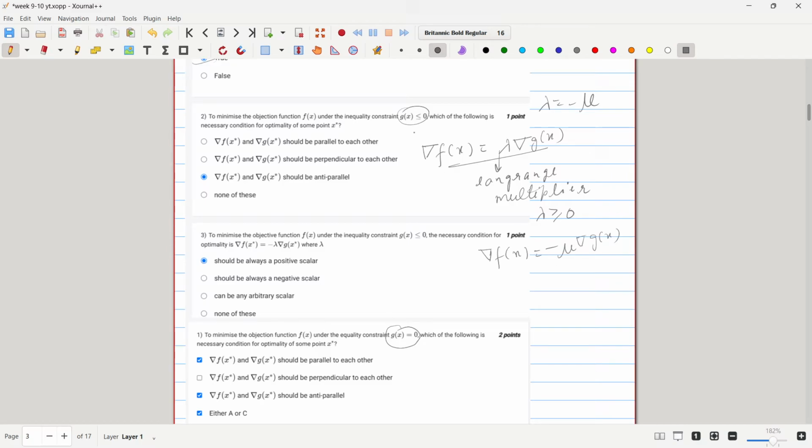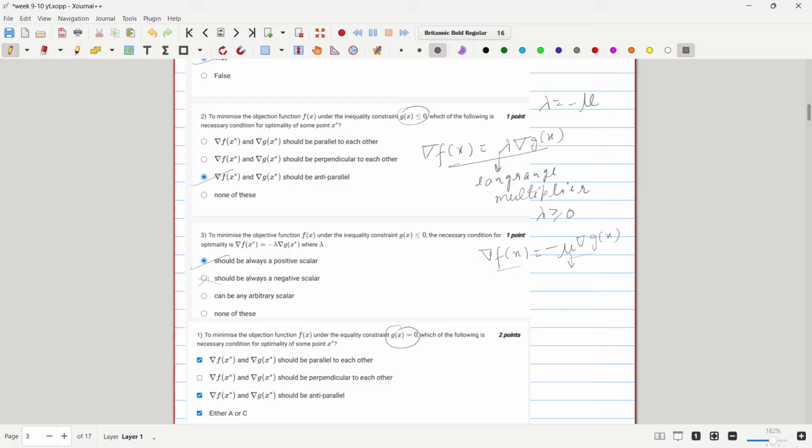Now if g(x) is less than or equal to 0, this mu cannot be a negative scalar, because if mu is a negative scalar, this whole right hand side will turn out to be positive. So as you can see, the left hand side is the negative of the right hand side. So gradient f(x) and gradient g(x) should be anti-parallel, and lambda should always be a positive scalar. It should not be a negative scalar.